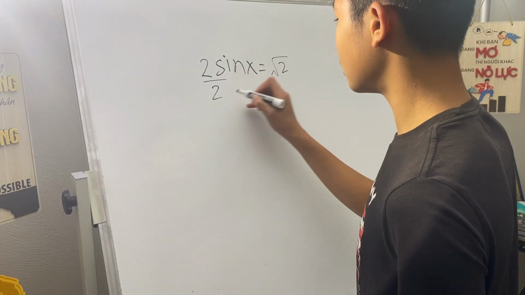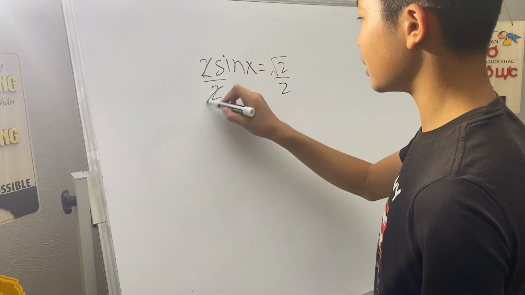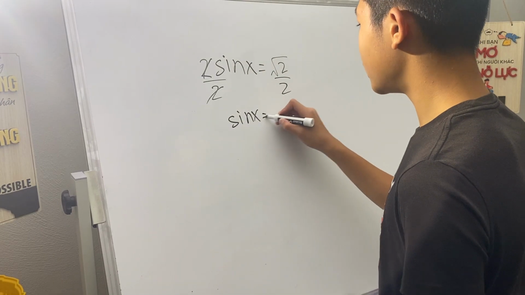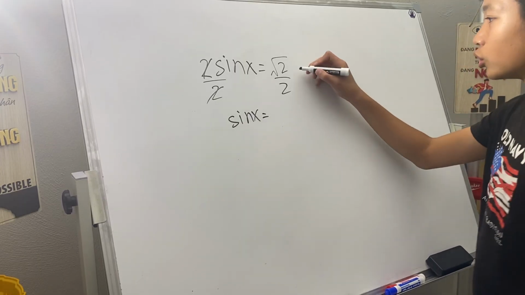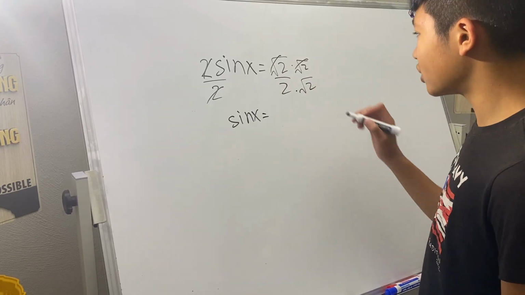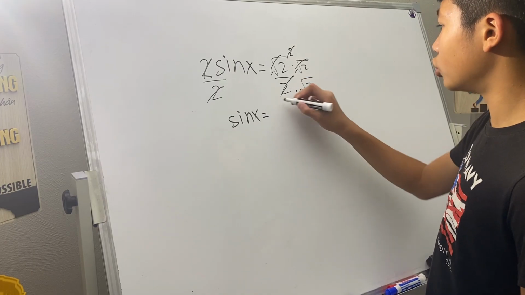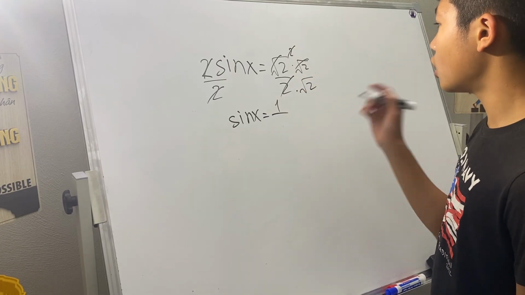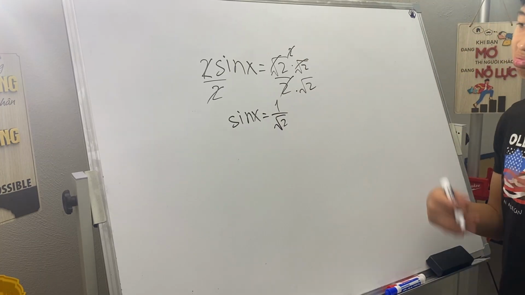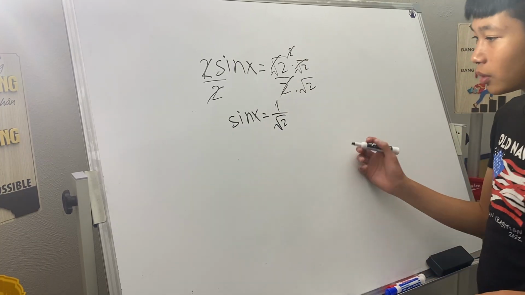So this and this cancel. So sine x is equal to root 2 over 2, reduce this, you multiply like this. This and this cancel. So you get 1 over root 2. Like so. Or you can just leave it like this. Doesn't really matter. Take the inverse on both sides.